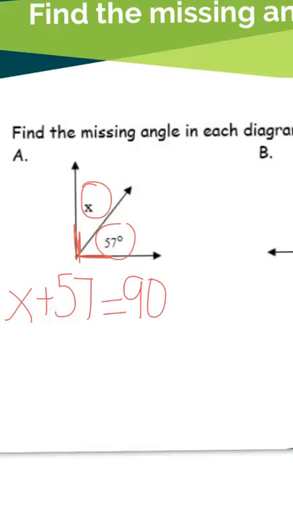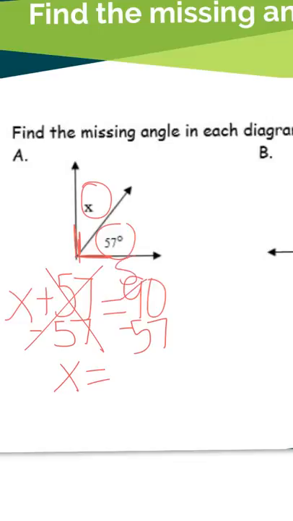Now we need to solve for the X. You need to undo the plus 57 by subtracting 57 from both sides. That cancels out the plus 57 and leaves you with just X. Then subtract 90 minus 57 since you have different signs and need to subtract.